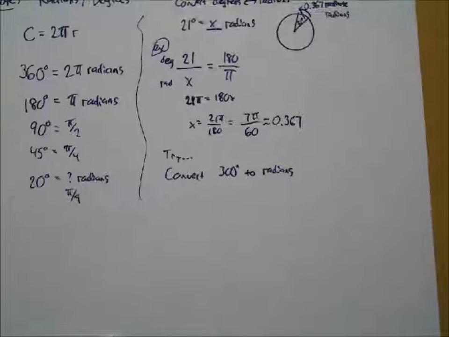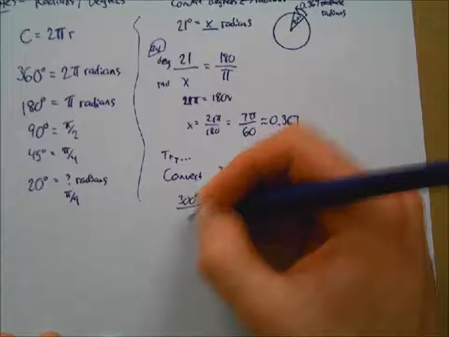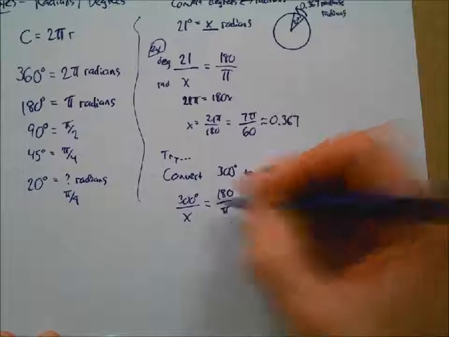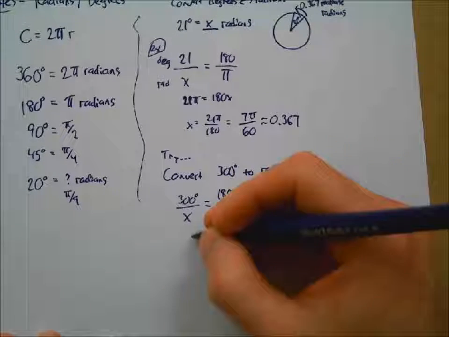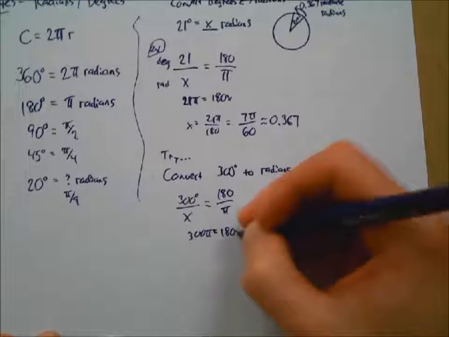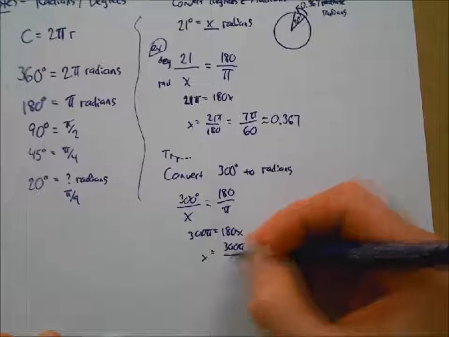So again, our setup here: 300 degrees is how many radians? And we'll put that 180 over pi here. Again, cross multiply, so we get 300 pi equals 180x. Divide both sides by 180, you get 300 pi over 180.